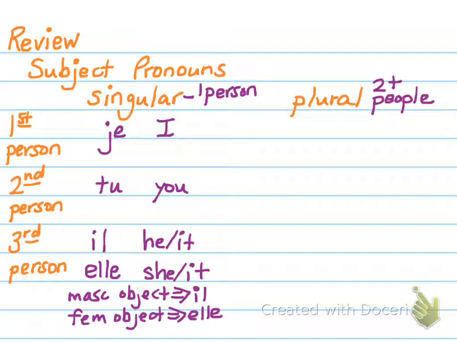Remember, with this you, we call it the familiar. You, okay? So again, that has to do with who you're talking to. You have to only be talking to one person because it's singular, but this is going to be someone you know well.